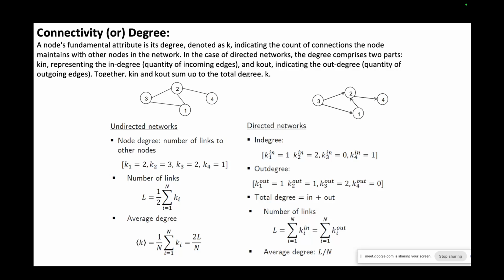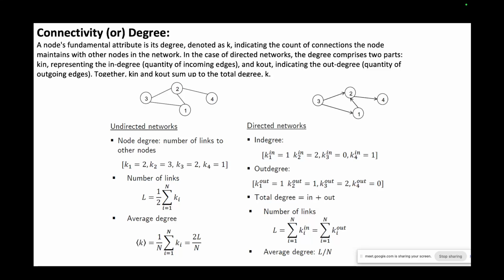So it's basically how many edges that node acts as a sink or a source to. How many edges are originating from the node and how many edges are ending at the node. These are the two types of edges that you can have, and you sum them up together for each node and you get the degree of the node.